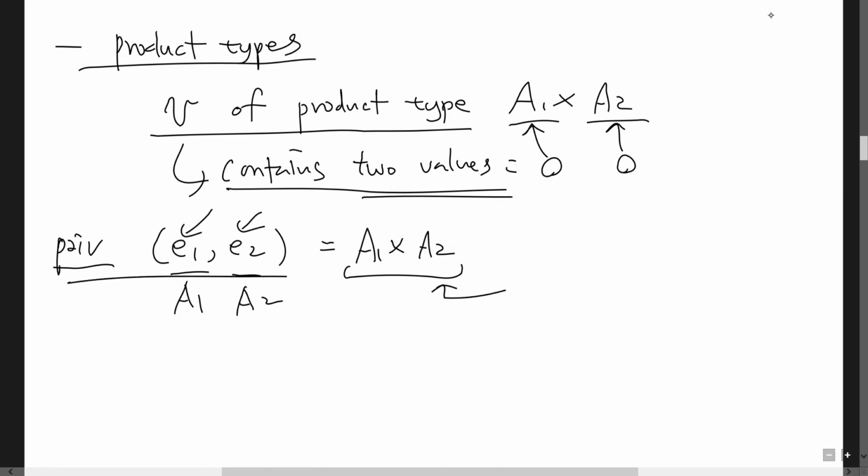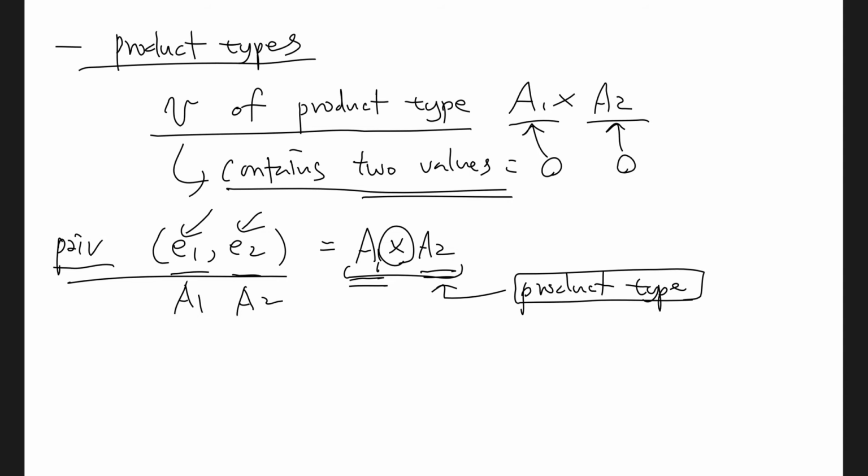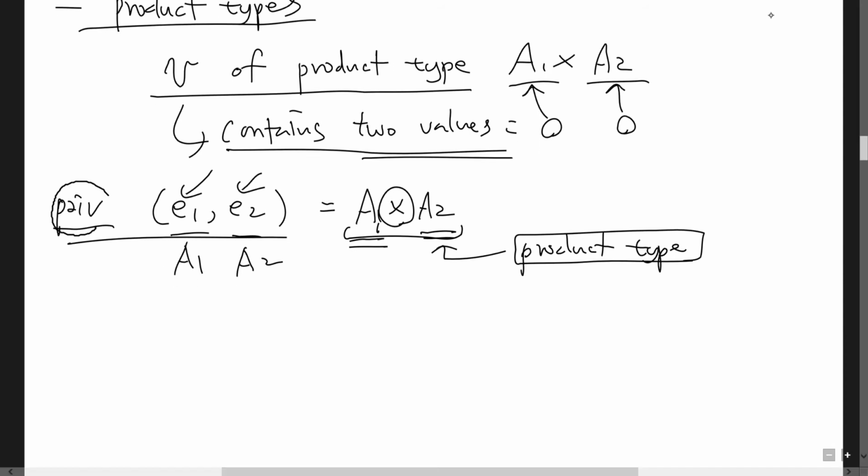So this is called the product type, which indicates, the presence of this times indicates, that we carry both a value of type A1 and also another value of type A2. So that's the basic idea behind the product types.